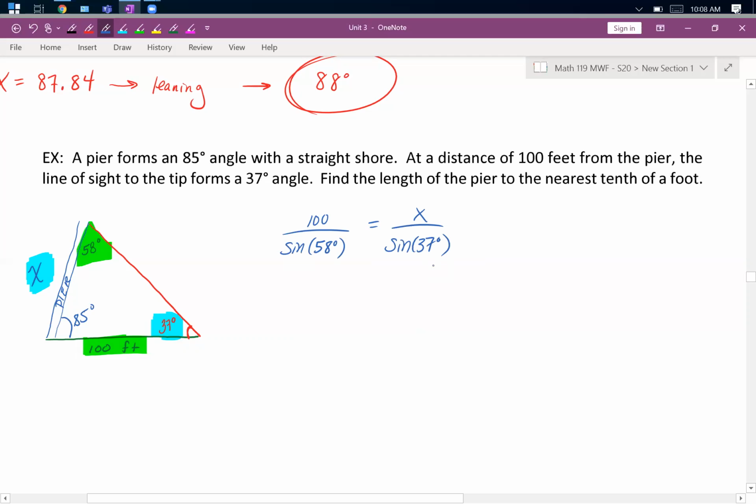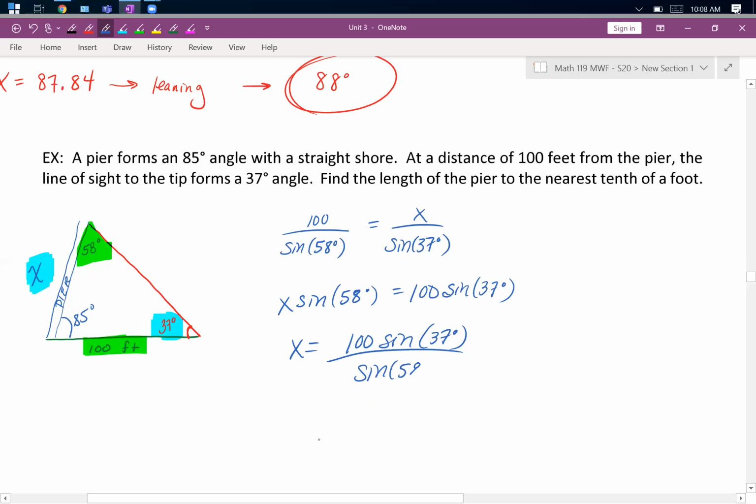And then we cross multiply to solve. X equals 100 sine of 37 degrees over sine of 58 degrees. Just pop that in our calculator.